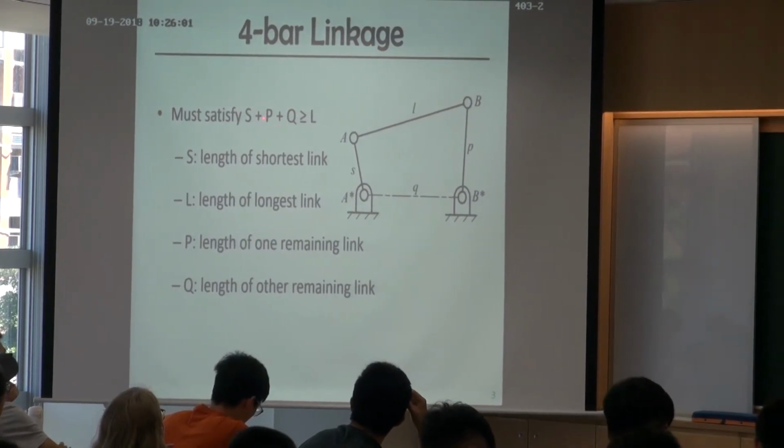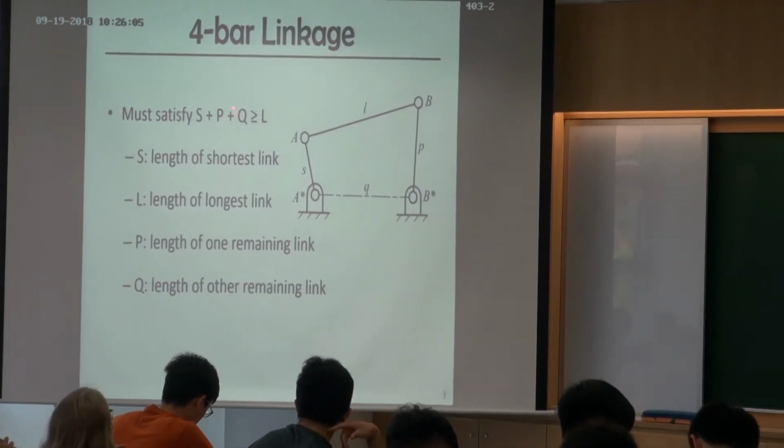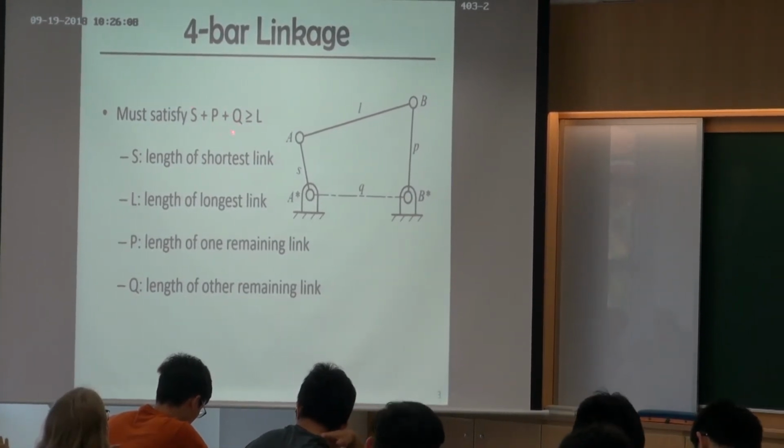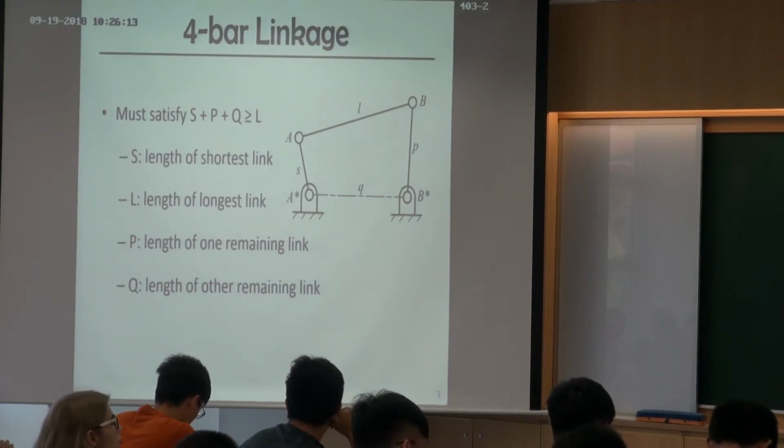The summation of the lengths of the 3 shortest bars must be greater than the longest bar. Otherwise, you can't assemble this mechanism.